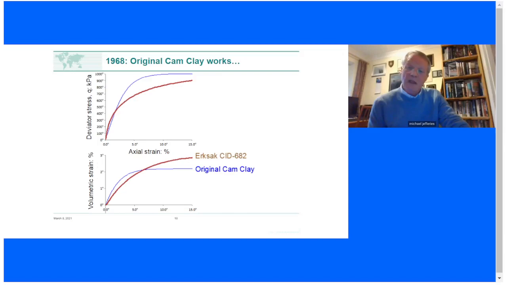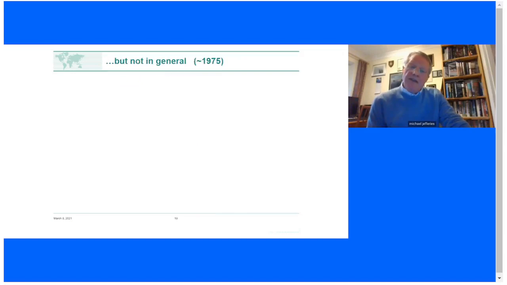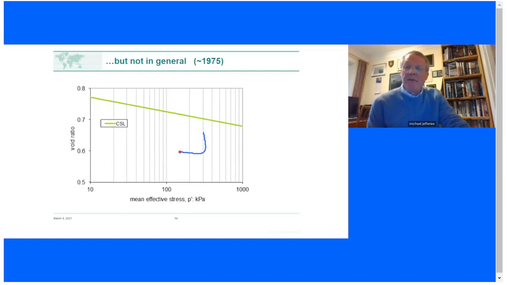But it was not true in general. It's very easy to go to your lab and make samples quite a bit denser than the one I've just shown you. What you do is when you're pluviating the sample to make it, you just gently tap the mold.